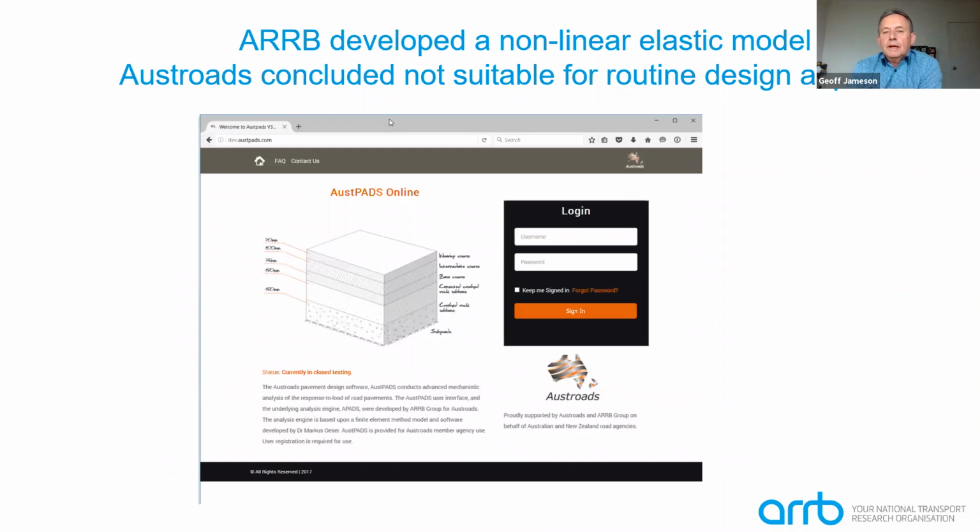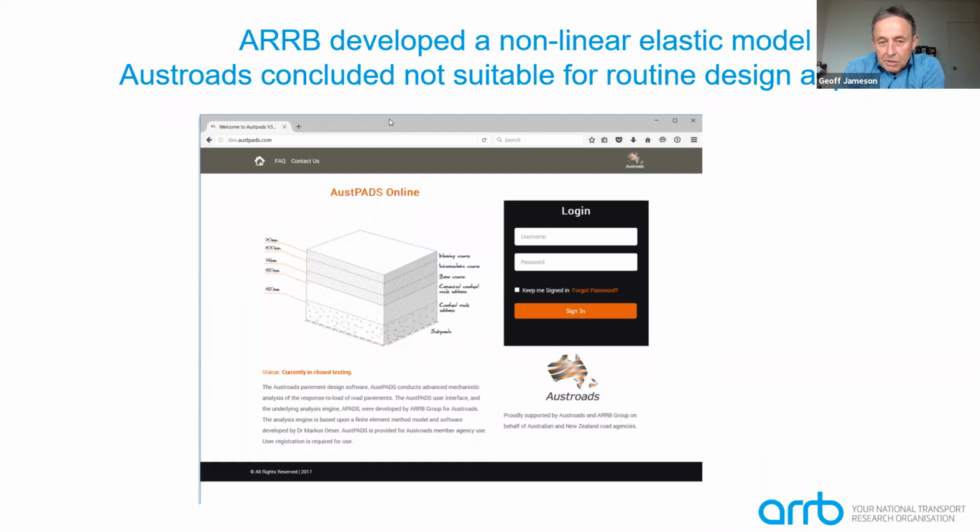About 10 years ago now, Austroads commissioned ARRB to develop a non-linear elastic model. We did that, and it's also capable of operating in a linear elastic mode. From that work, Austroads concluded it was not suitable for routine design at this stage.